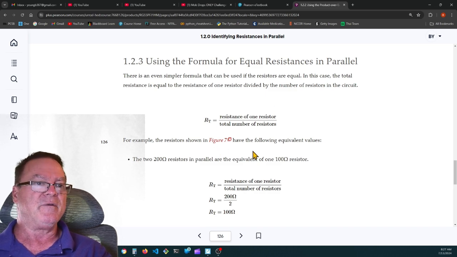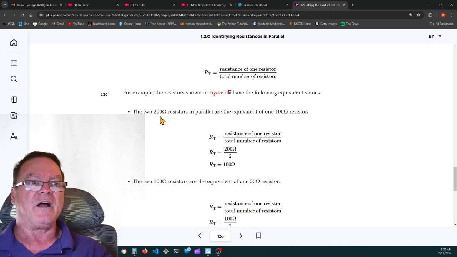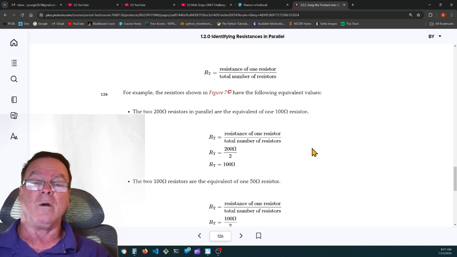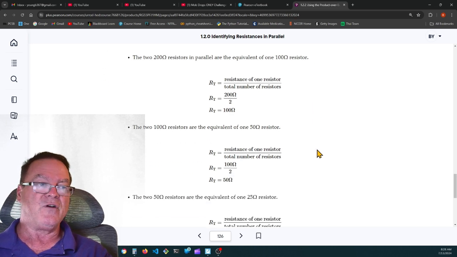So in this example, they say there are two 200 ohm resistors in parallel, and the equivalent of one 100 ohm resistor. So you take 200 ohm resistors divided by two of them, the total is 100. If I had four 100 ohm resistors in parallel, I would do 100 ohms divided by 4 equals 25 ohms.